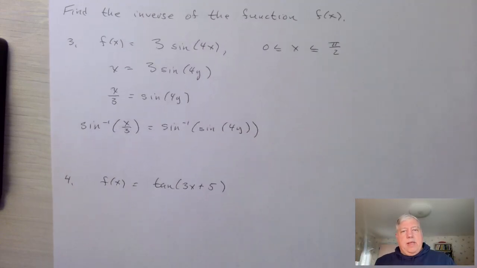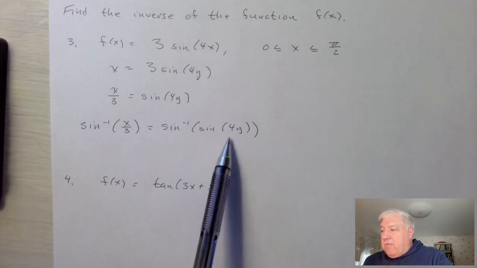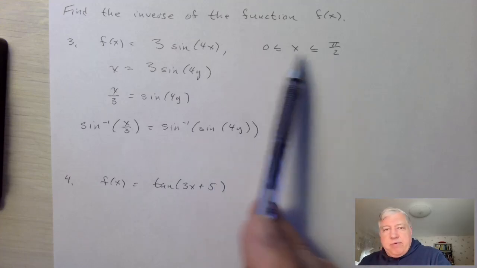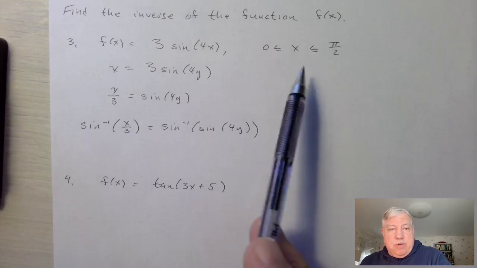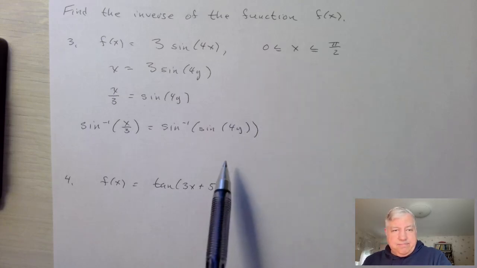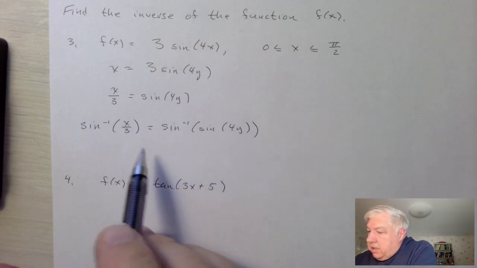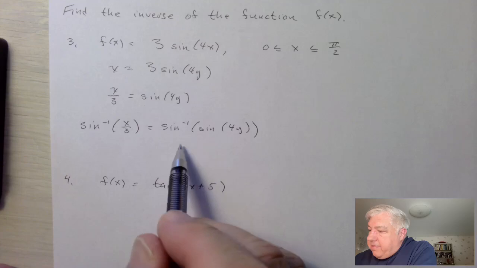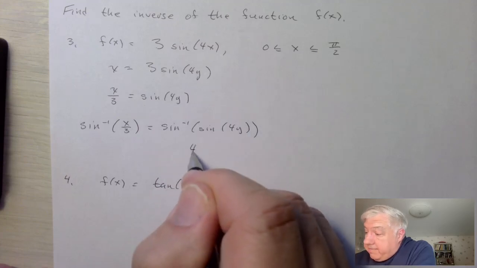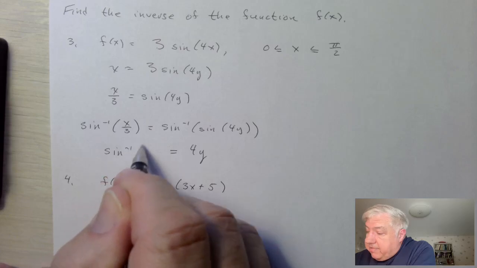Now this will be just 4y, as long as y was in a certain range, and that's why we were guaranteed, and why we had to put this requirement over here. If we believe that, then this is just going to be 4y, and this will be inverse sine of x over 3.